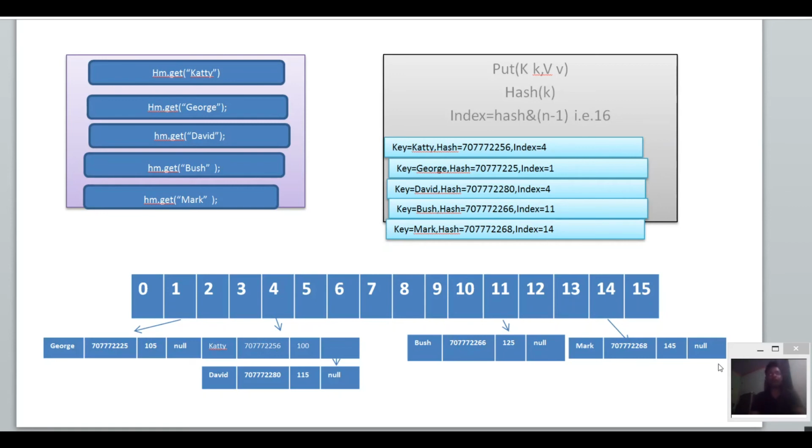If we override only equals and not hashcode, what will happen? Even though the key will return true, the hash code will be different. It will return a 32-bit code using the Object class default implementation, which will always be different.